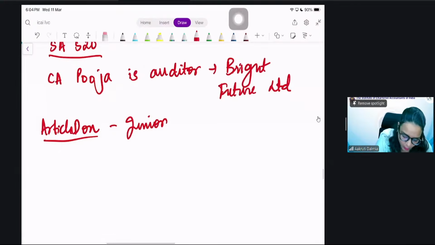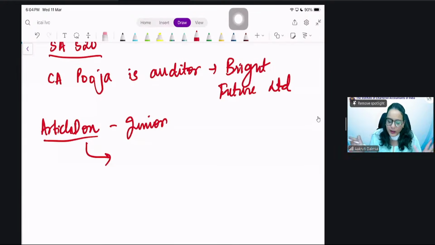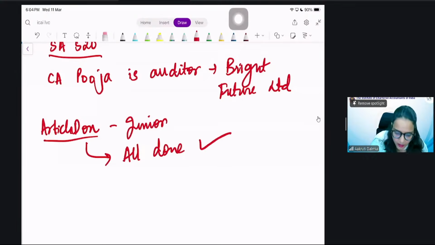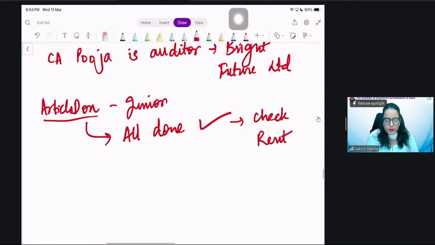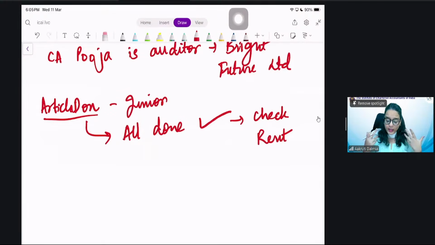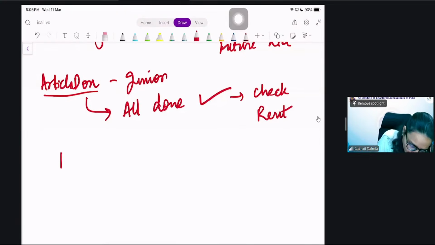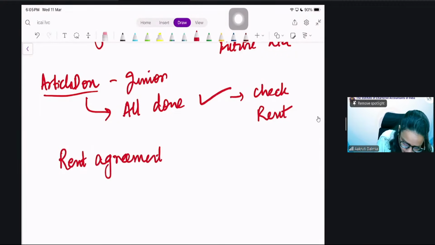And the junior, Don, says very confidently, Madam, I have checked everything. All done. I had told him to check rent. So CA Pooja asks, what have you checked? He says, I have checked the rent agreement, ma'am. Done.